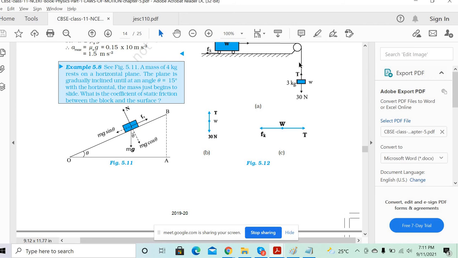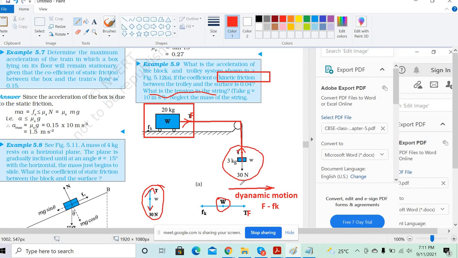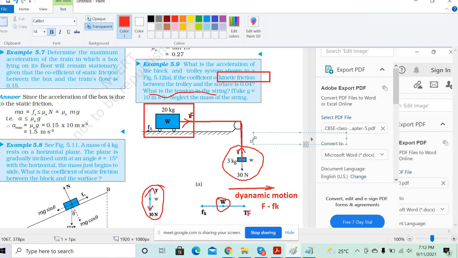Yes, because the T is going in the opposite direction. So the force acting down is more than T, right? Exactly, that's the reason it's going down. So the net force in the downward direction is equal to 30 minus T.